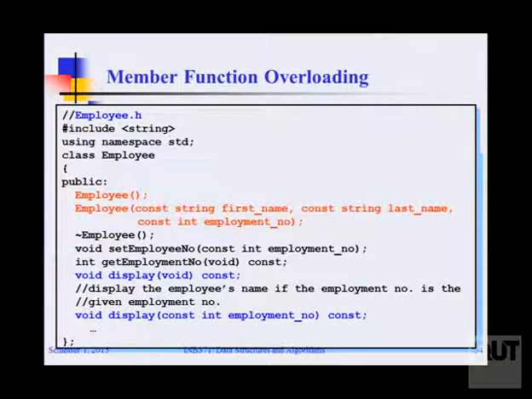Right. Set employment number means we change the class members. There are three class members, and one of them is employment number. So set changes the employment number, which is encapsulated in the object. Where we put a const, that const is for the parameter. It's not for the class member. So you cannot change the parameter's value, but you can change the class member's value, no problem.